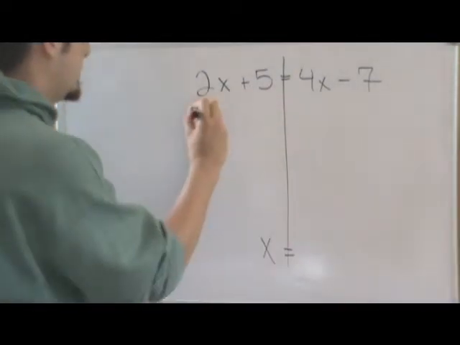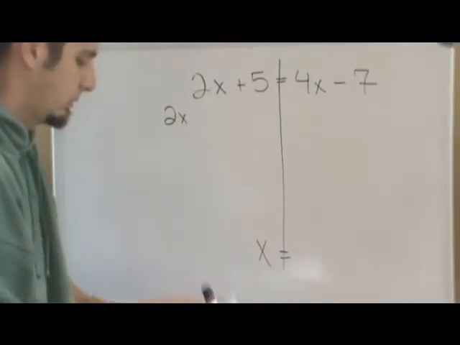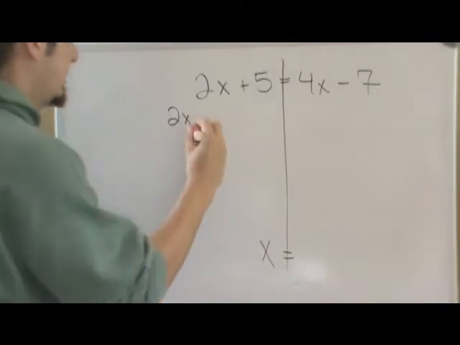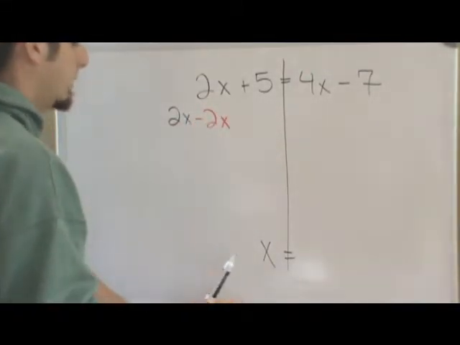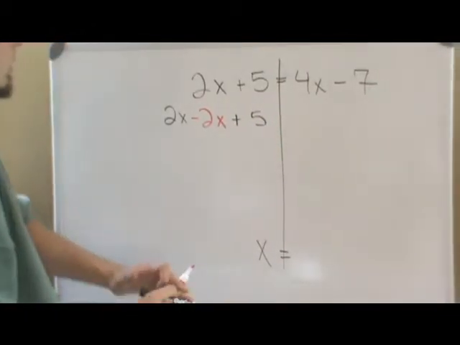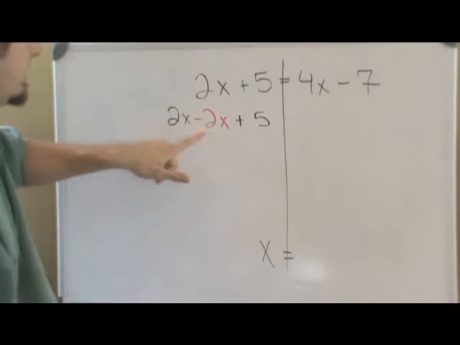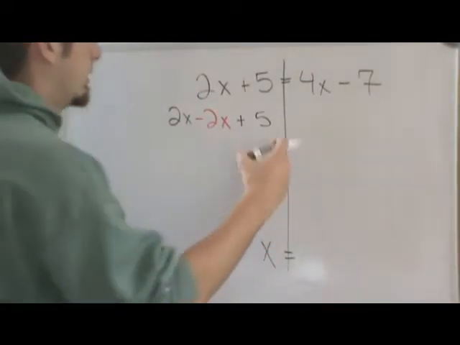So I'm going to subtract 2x from both sides. And what you're going to see in the red is just that subtracting 2x from both sides that I'm inputting. It's what's new to the equation. What wasn't up here that is down here, it's the minus 2x. And I have to do it to both sides.